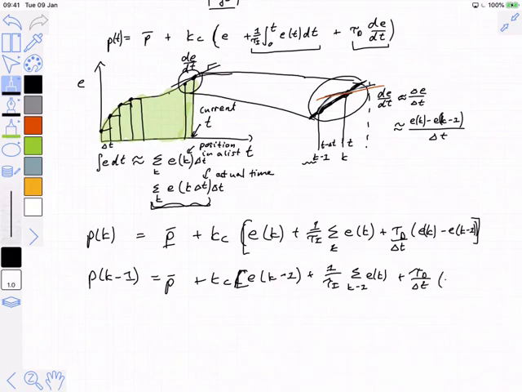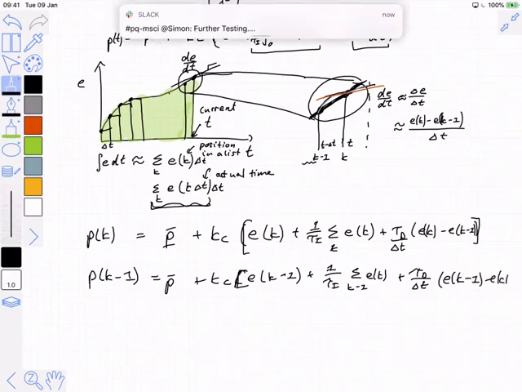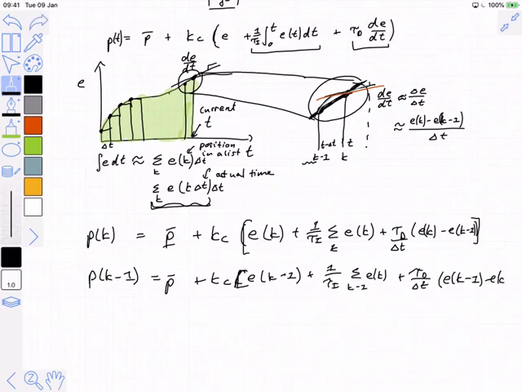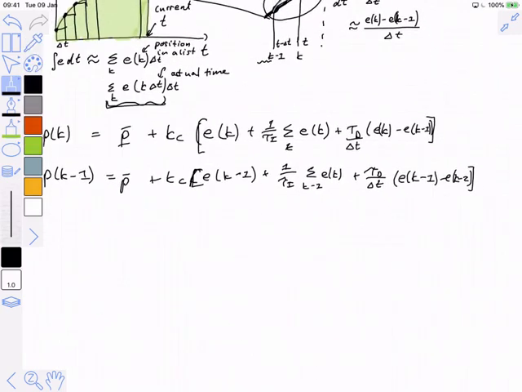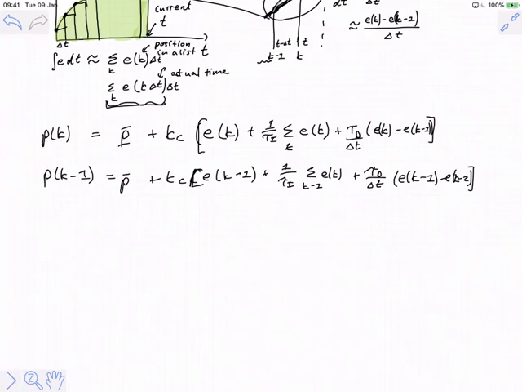And over here you'd have e_k-1 minus e_k-2. Just check me. That should be basically the same expression but written down for the previous time step.